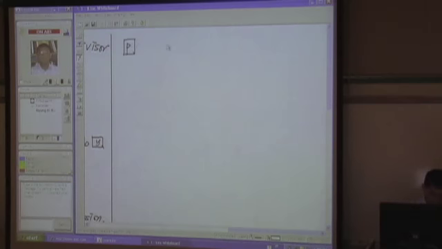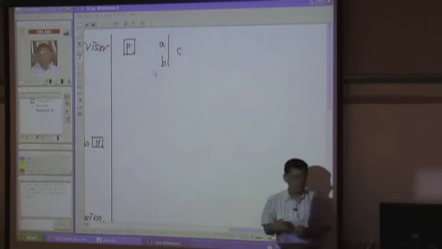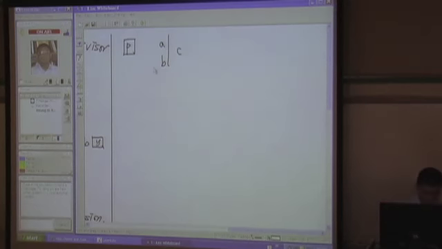Assume that A divides C, and B also divides C. A divides C and B divides C, with GCD of A, B equal to 1.